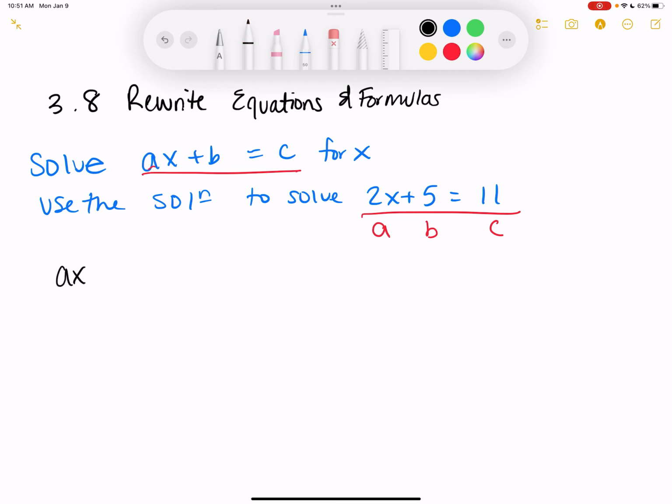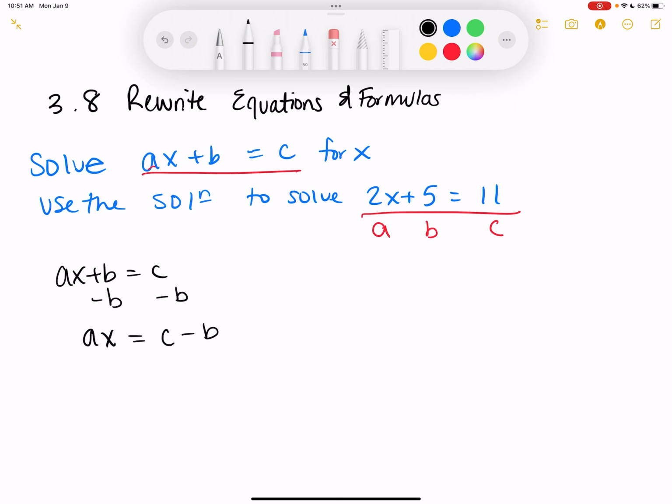So we have ax plus b is equal to c, and we want to solve it for x. So I need to move stuff over and divide, multiply, whatever the case is for these problems, to just be left with x on the one side. So I'm going to subtract b from both sides. So I'm left with ax is equal to c minus b.